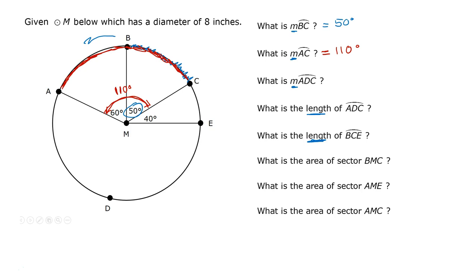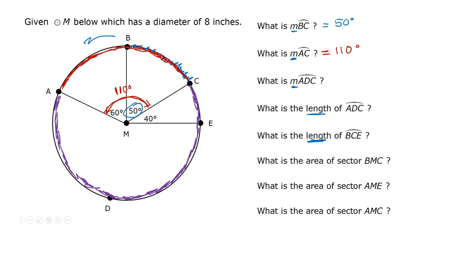Now, when they say the measure of arc ADC, I'm talking about this arc all the way around, because it's a major arc. So if I said arc AC, that's the minor arc. ADC is the major arc.